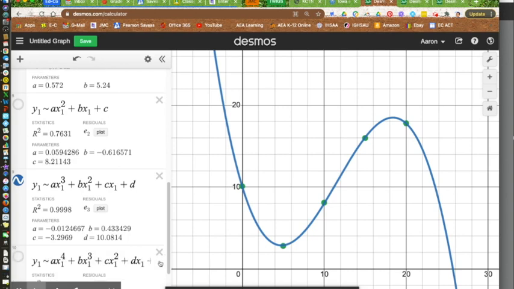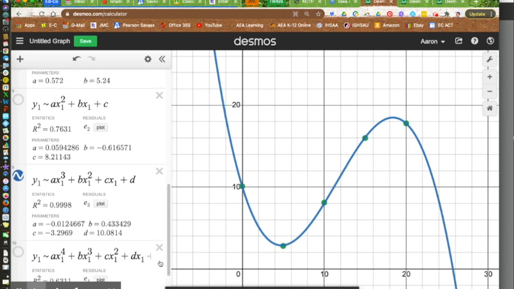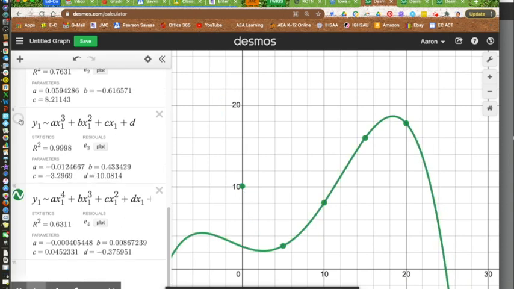Now, I'm going to look at the quartic just in case, but we see that the quartic is not nearly as good. It misses one of those points. Our R squared is actually 0.63, so it looks to me like the best choice is going to be the cubic. We've got an R squared of 0.9998. Now, they give me the graph, but they also give me the A, the B, the C, and the D for this model.